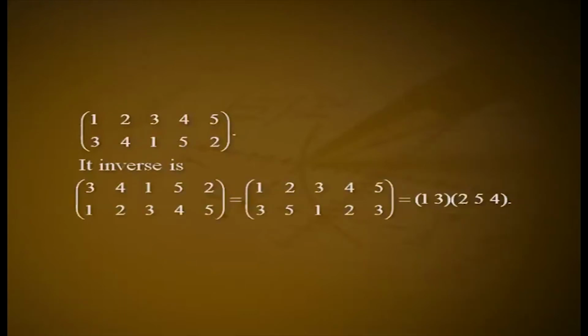Its inverse is the permutation 3 to 1, 4 to 2, 1 to 3, 5 to 4, 2 to 5, which is equal to the permutation 1 to 3, 2 to 5, 3 to 1, 4 to 2, 5 to 4, which is equal to the cycle (1 3) times the cycle (2 5 4).